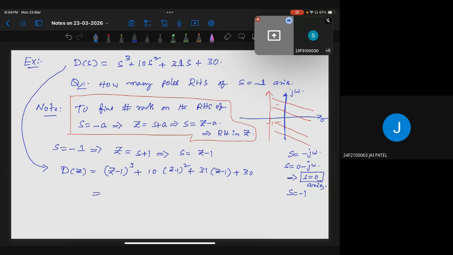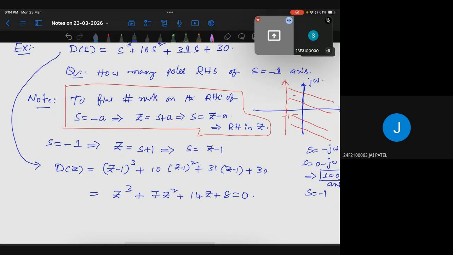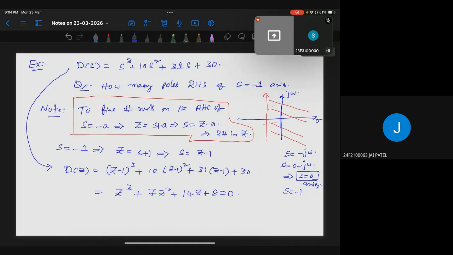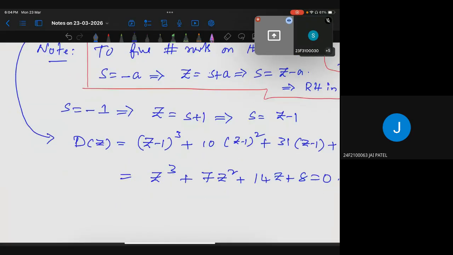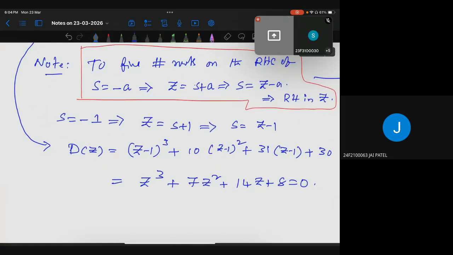Now if you simplify this, you get Z cube plus 7Z square plus 14Z plus 8 equals 0. Let me write it here: Z cube, Z square, Z and Z power 0.